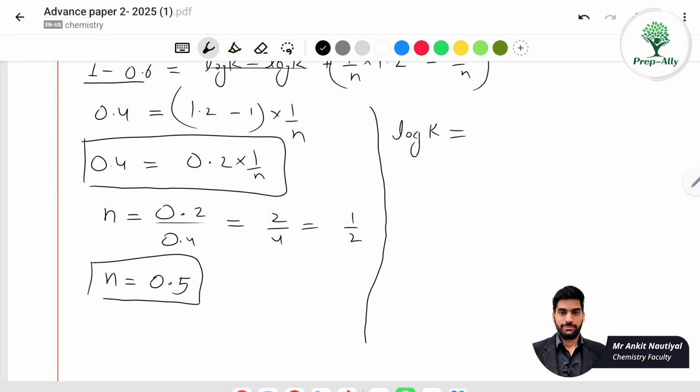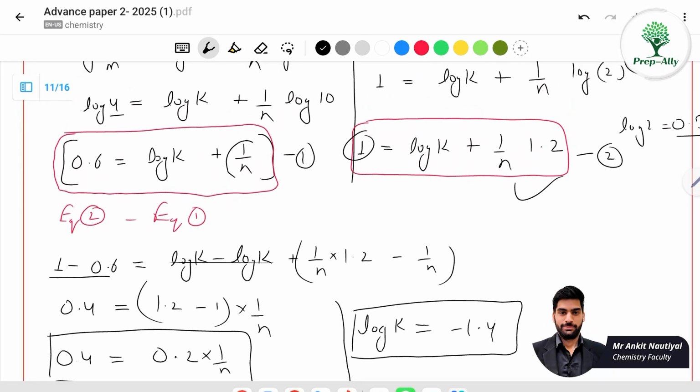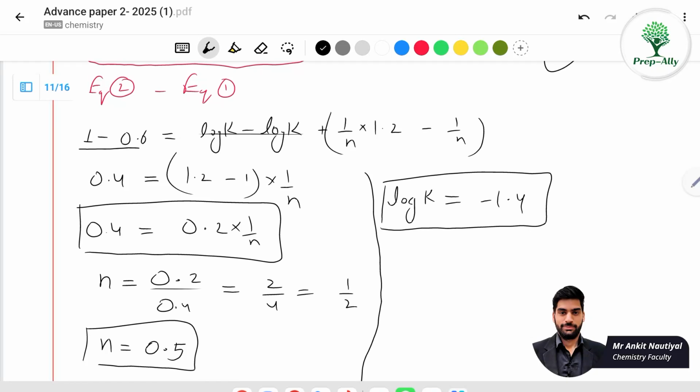So log k will come out to be minus 1.4. Because we have two variables and two equations, you can put this 0.5 either in equation first or in second. From both equations we can get the value of log k, that is 1.4. Now we got the value of both the constants.